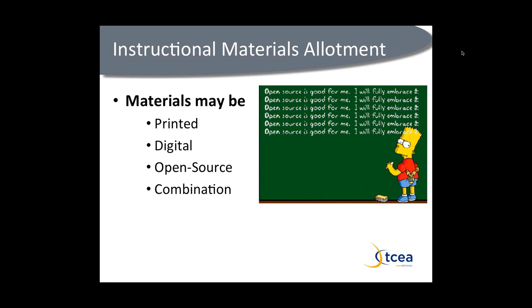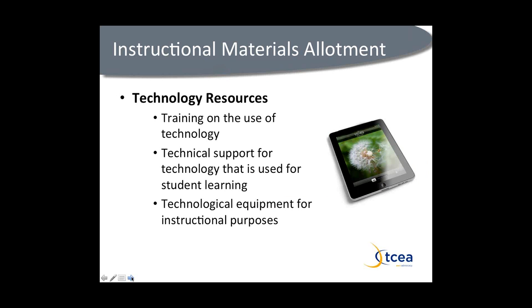It could be something that your district has created, or there are some free resources where a nonprofit association or organization creates the resource, and then your district takes it and adapts it for their needs. So that's kind of what an open source resource is, or it could be a combination of all three of those. I'm giving you a very, very quick synopsis because I only have 10 minutes.